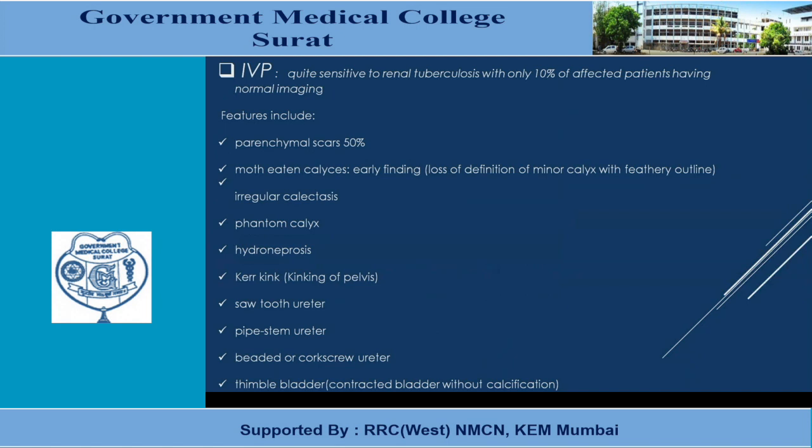Another is the kinking sign, kinking of the renal pelvis because of fibrosis; sawtooth ureter because of mucosal irregularity; then pipe stem appearance and corkscrew appearance of the ureter. Inferiorly, if the bladder is involved, it is a thimble bladder, a contracted bladder without calcification.